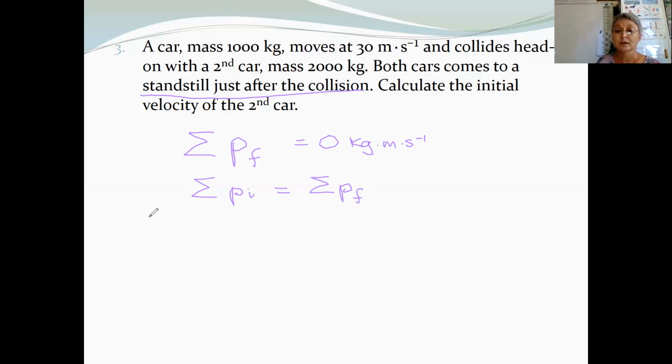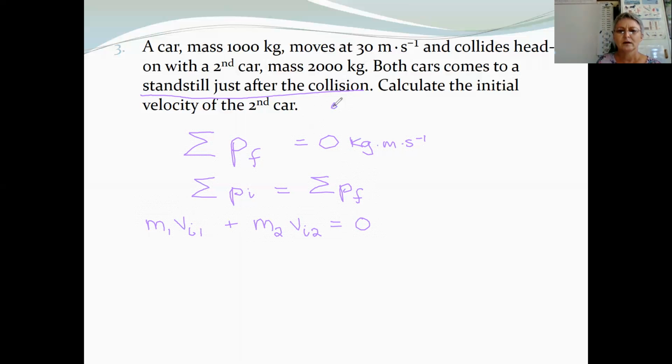The initial momentum is car 1, mass 1, initial velocity 1, plus car 2 with its mass 2, initial velocity 2, and that should equal 0.